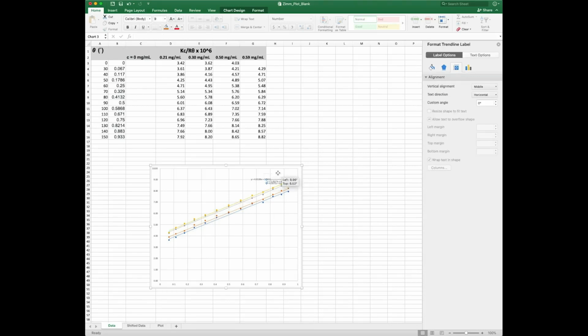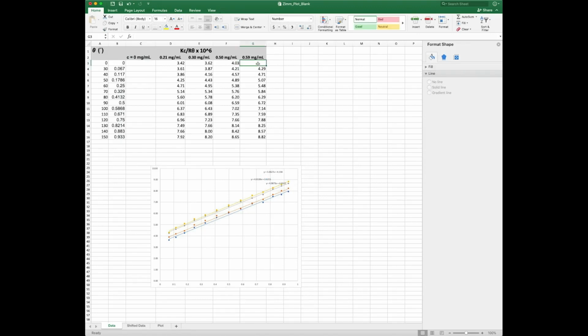This is really jumbled up, but it's 4.13. So now we've extrapolated to see what happens when sine squared of theta divided by 2 is equal to 0, that is, when the angle is equal to 0. By extrapolating to the y-intercept, we've found the scattering right in front of the laser, even though that's something we can't see experimentally.